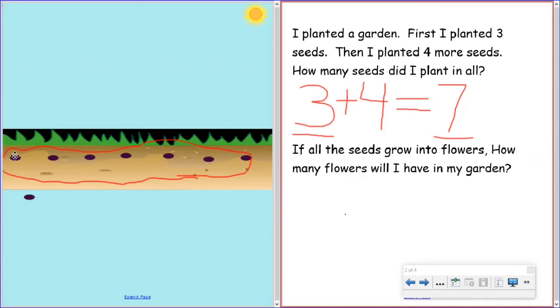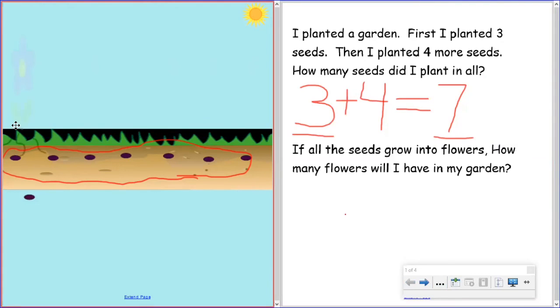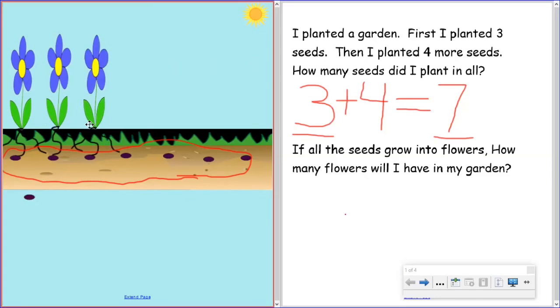Well, if this seed grows, we'll have 1 flower there. If this seed grows, 2 flowers. If this seed grows, 3 flowers. If this seed grows, 4 flowers.